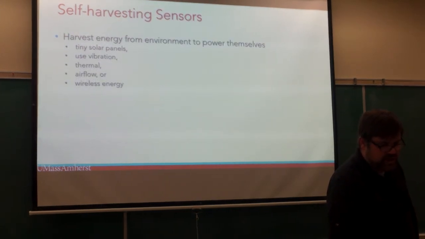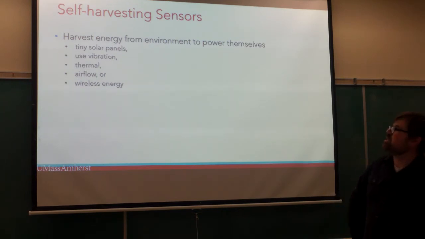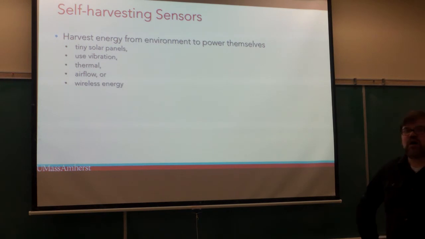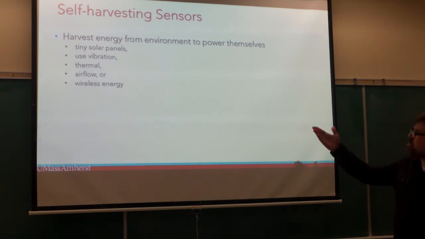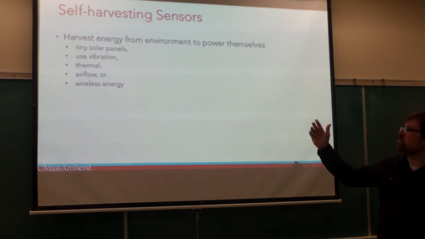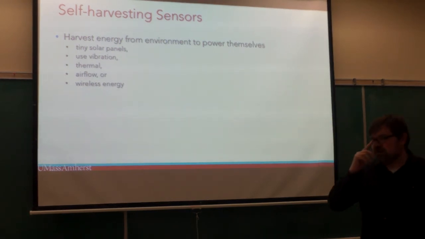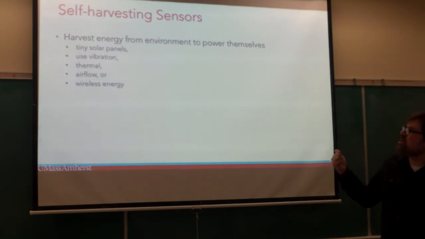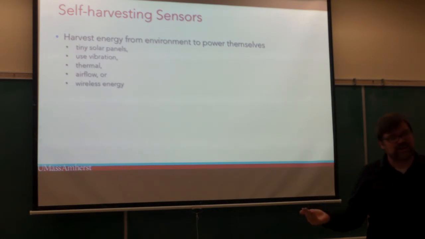So I already touched briefly on this: self-harvesting sensors. If you want to avoid having to use a big battery, you can harvest energy from the environment to power them. There's a bunch of different ways you could do this: sunlight, vibration, thermal. One interesting angle that some researchers have gone after is that the thing you're sensing can actually be the thing that's powering your device.